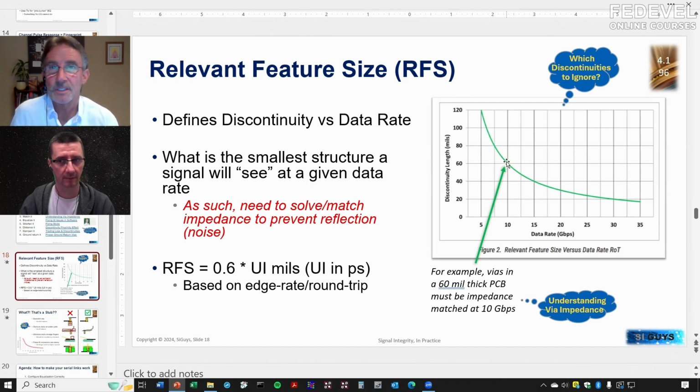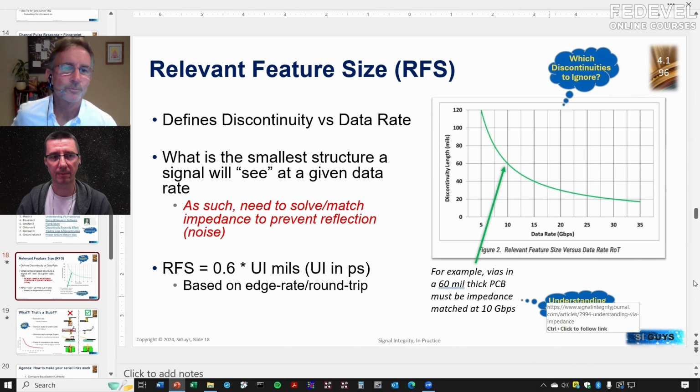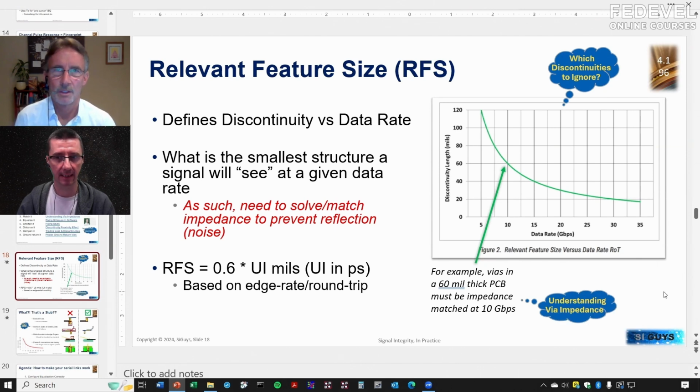It's a discontinuity. All of a sudden I see it. Is that making sense? Yeah, this is very good to point out because some people may worry about when to start thinking about back drilling. So this can give them an idea at what gigabits per second they should start worrying about it.